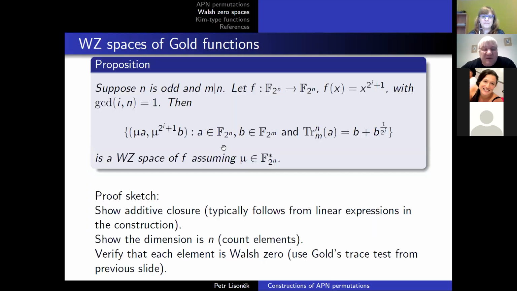So here is what our theoretical constructions of these WZ spaces look like. They typically have this form: a set of pairs of elements, and there are usually some conditions on the components.